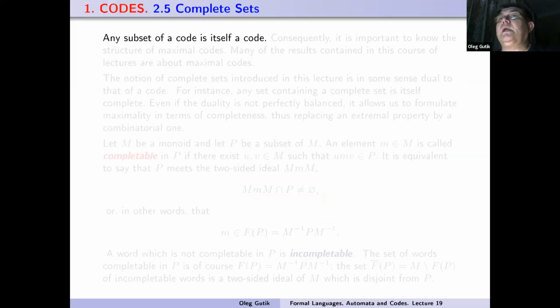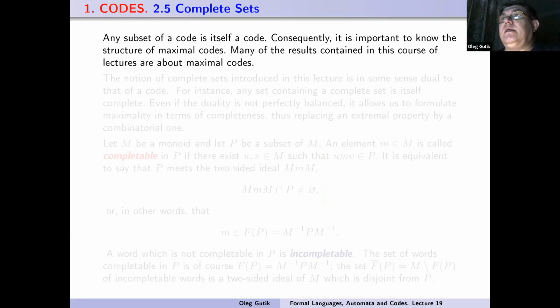So, any subset of a code is itself a code. Consequently, it is important to know the structure of maximal codes. Many of the results contained in this course of lectures are about maximal codes. The notion of complete set introduced in this lecture is in some sense dual to that of a code.